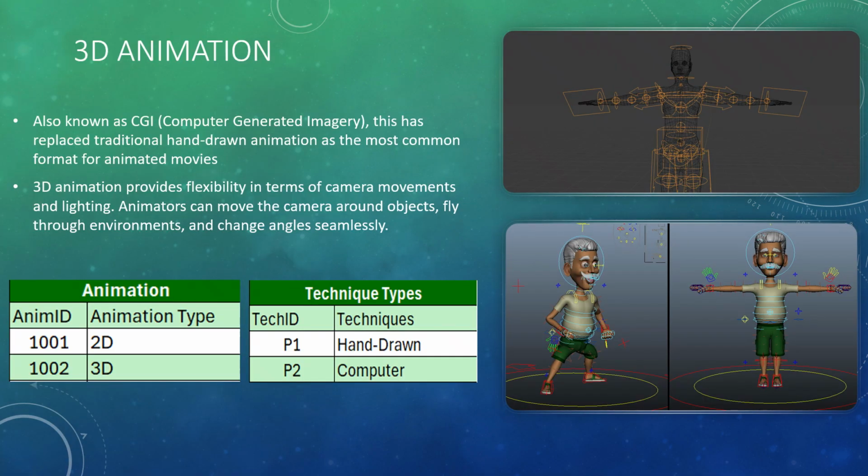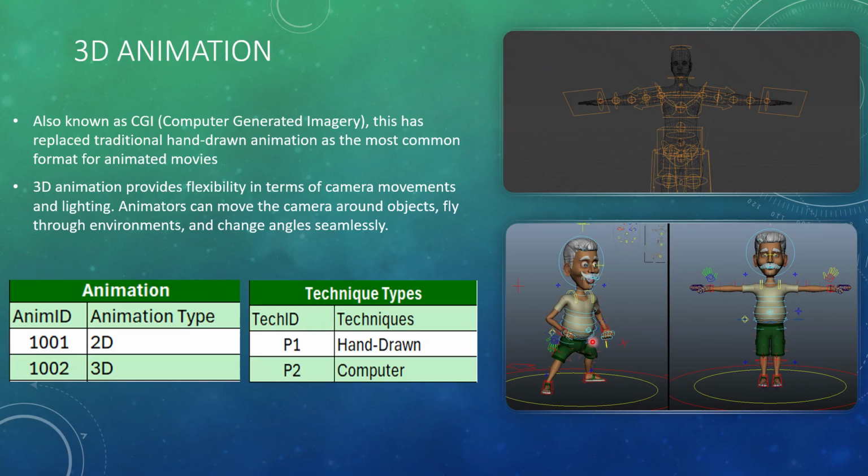Next, we will be expanding our table by including 3D animation. Our unique identifier for 3D in our animation table is 1002, and in our techniques type table, we will have our unique identifier as P2 for computer. Although 2D animation is now created on computers, you're still hand drawing everything, while in 3D, we are manipulating 3D models.